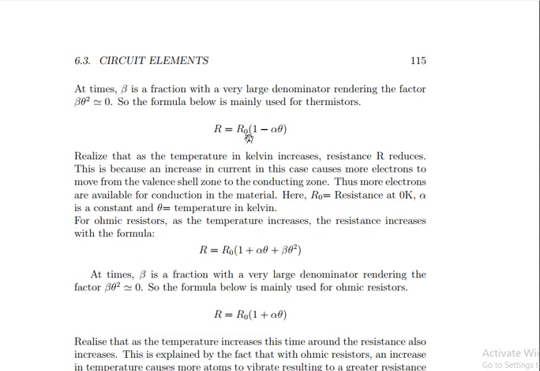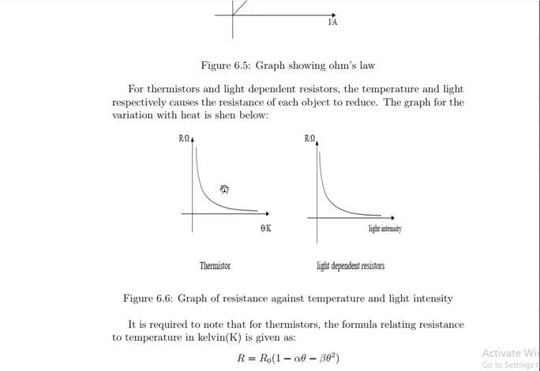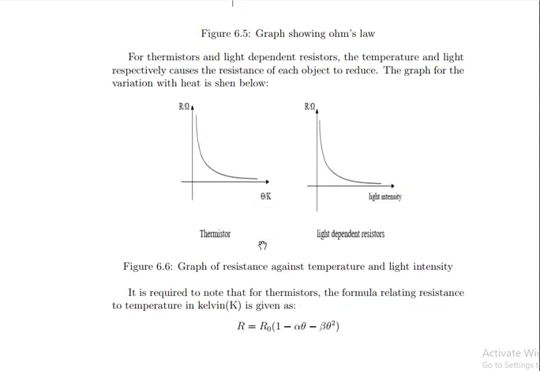So R0 is the resistance at 0 Kelvin. The more the temperature increases, the more this factor reduces from 1, which causes the resistance to be lesser than the resistance at 0 Kelvin. So you see that the thermistor has a lower resistance the more the temperature increases.